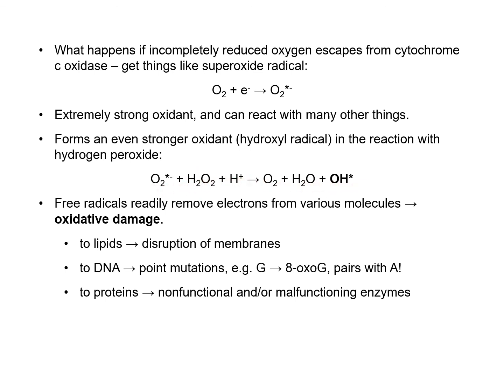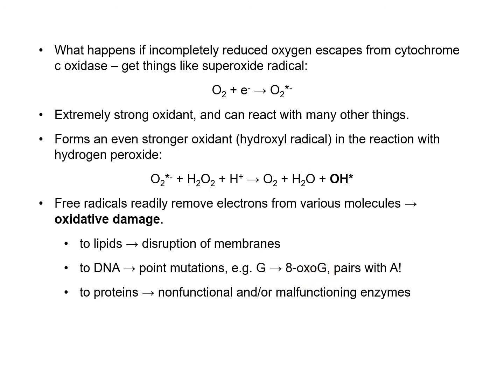These free radicals readily remove electrons from various molecules, and that can lead to oxidative damage, which is detrimental to the cells. When the oxidative damage is on lipids, it will lead to disruption of the membranes. If there's oxidative damage to DNA, then there could be point mutations. An example would be guanine changing to 8-oxoguanine.